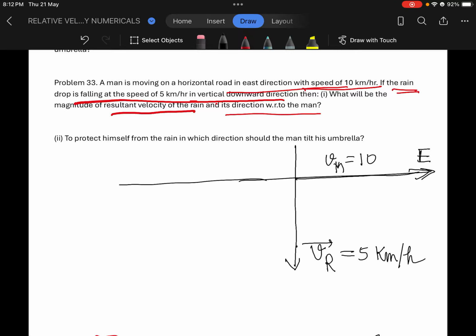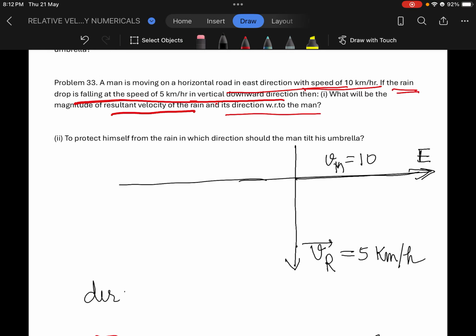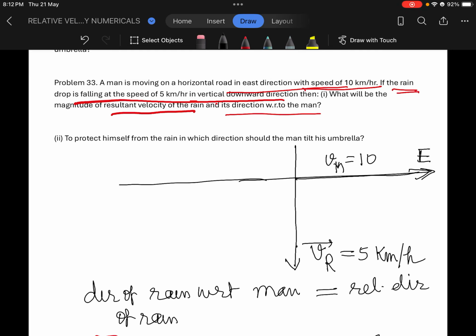So see here, direction of rain with respect to man, it will be relative direction of rain with respect to man.